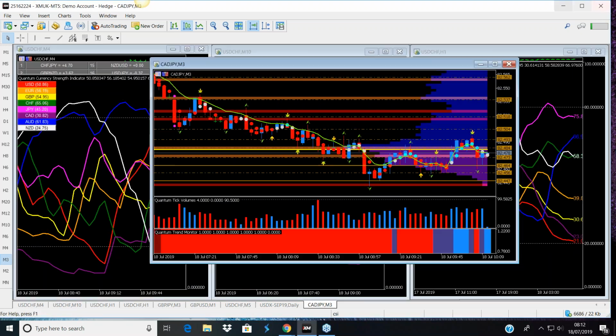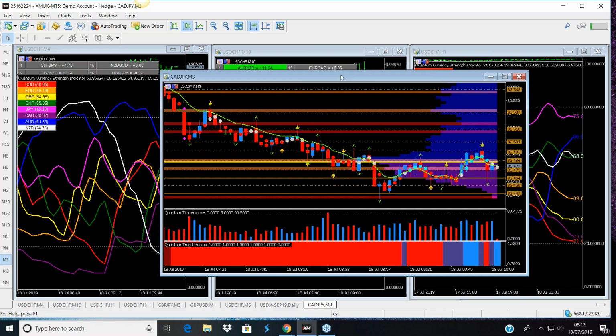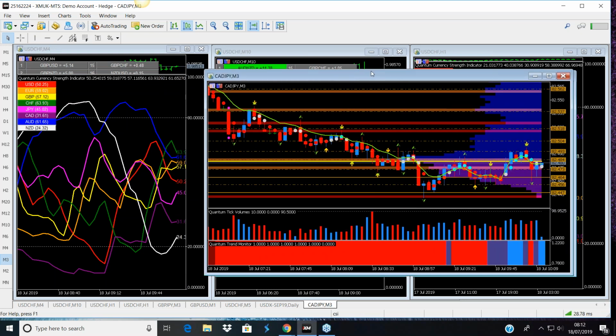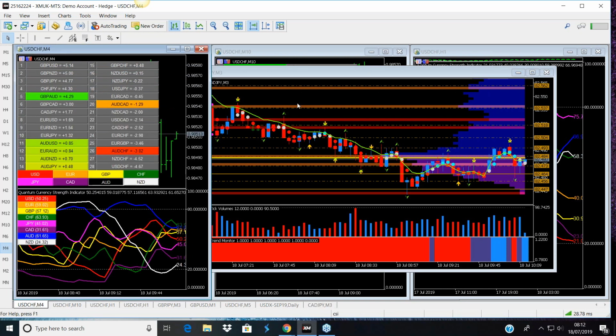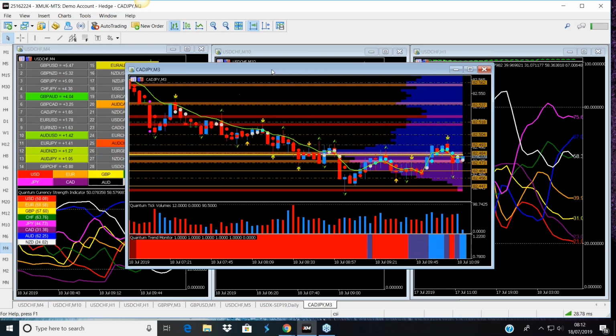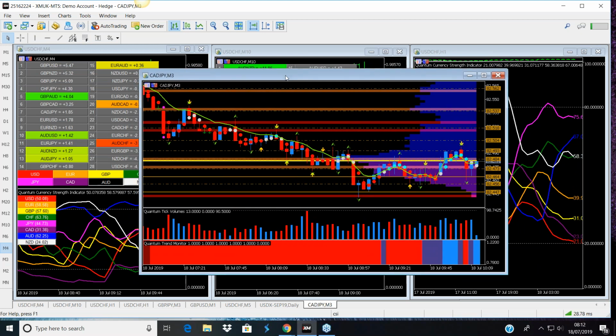What I haven't got here, because this is just, as I said, my filtering, is the multiple CSIs, multiple matrix, and a chart that allows me just to drag over different pairs and compare what I'm seeing on the indicators with what is actually going on on the charts themselves. And as I said, I spotted the CAD yen this morning because, on the 30-minute chart that I have here, although I've got an hourly CSI, I've got a 30-minute, let's have a look.